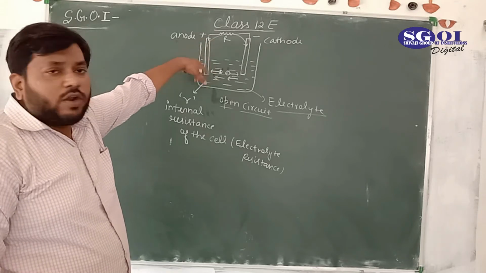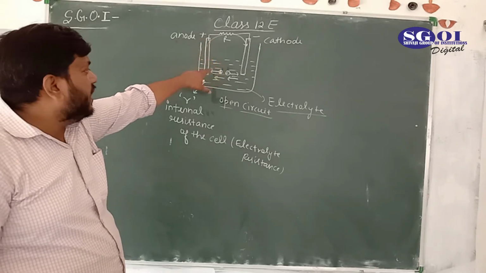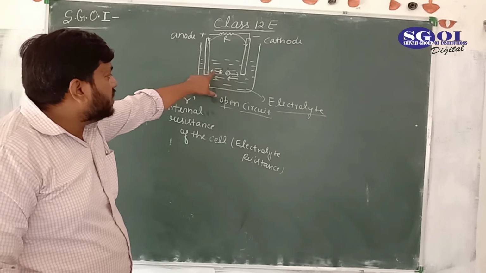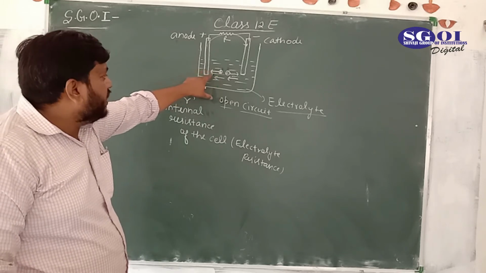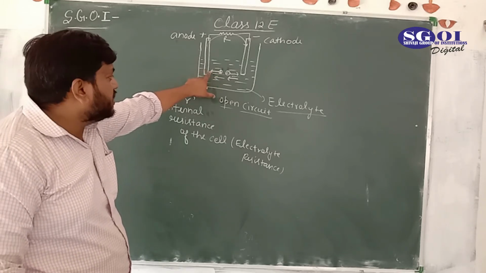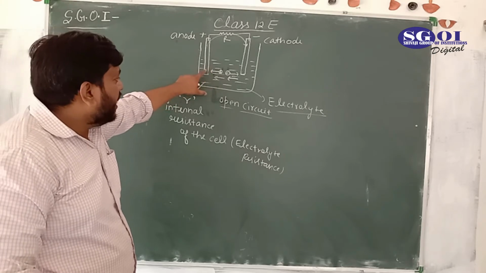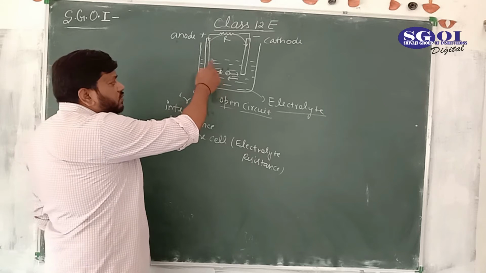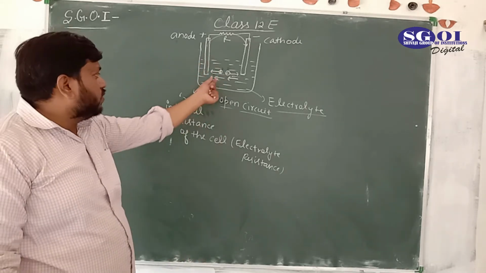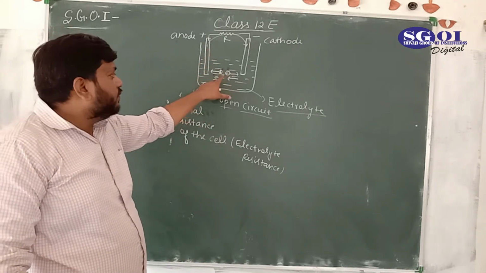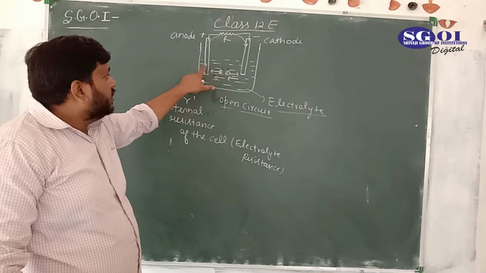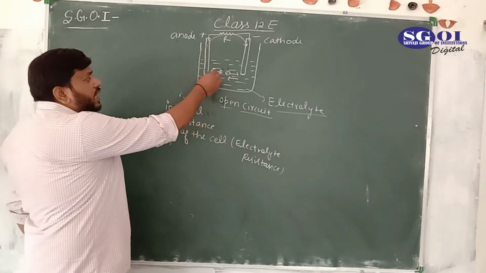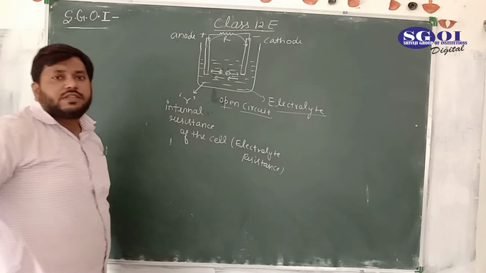There is a number of free electrons present in the metallic plate, and as the ions move towards it and touch the metallic plate, an electron transfers from this surface to the ion, and it gets neutralized. It means the positive charge of the ion is transferred to this plate.